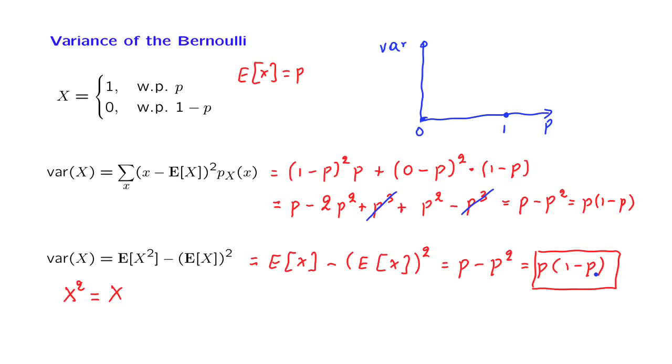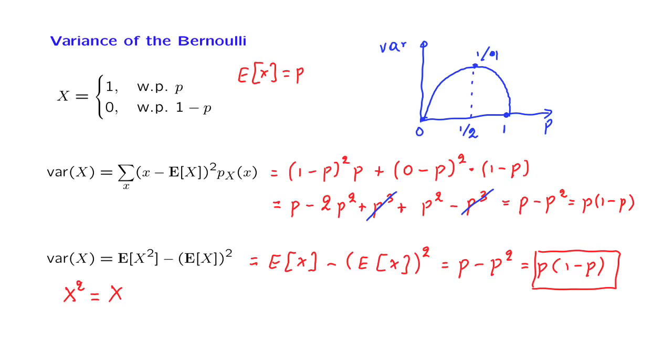P times 1 minus p is a parabola, and it's a parabola that is 0 when p is either 0 or 1, and it has this particular shape, and the peak of this parabola occurs when p is equal to 1/2, in which case the variance is 1/4.